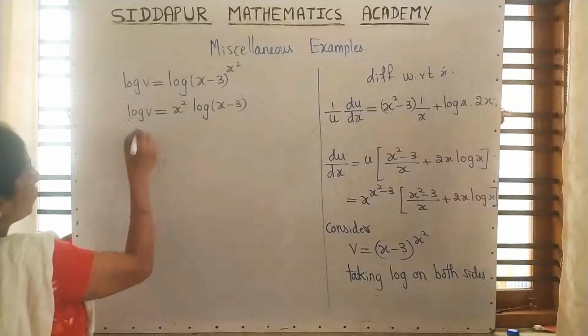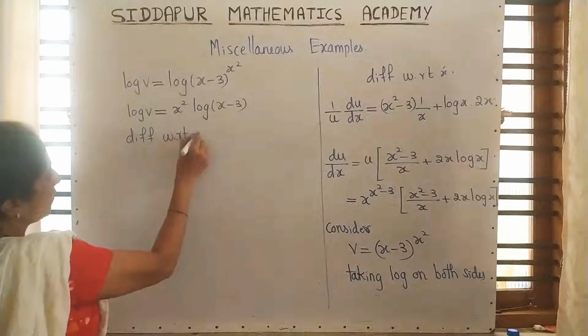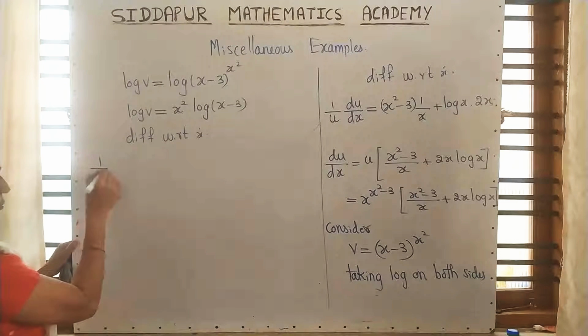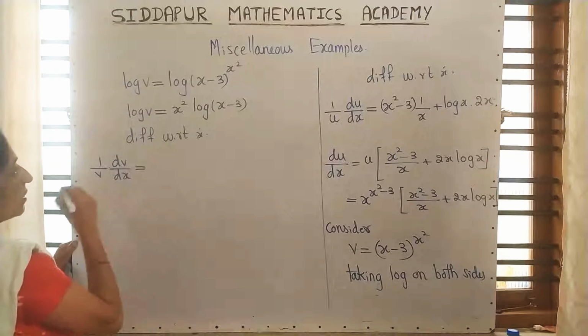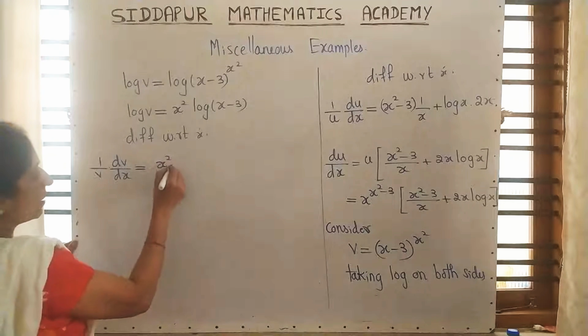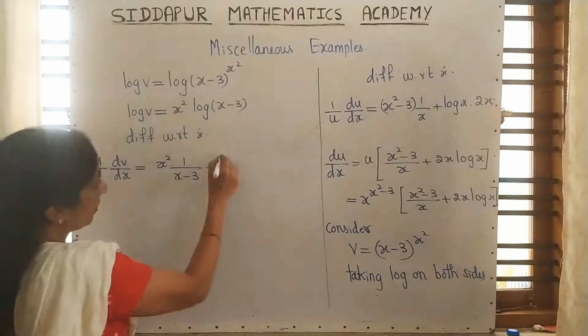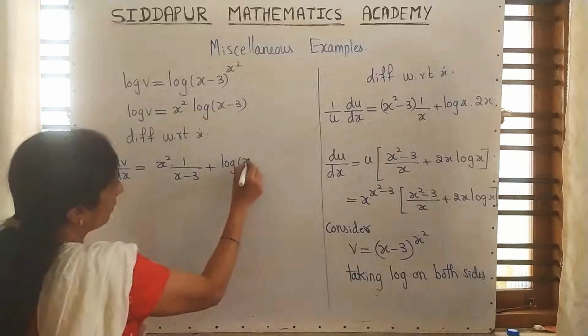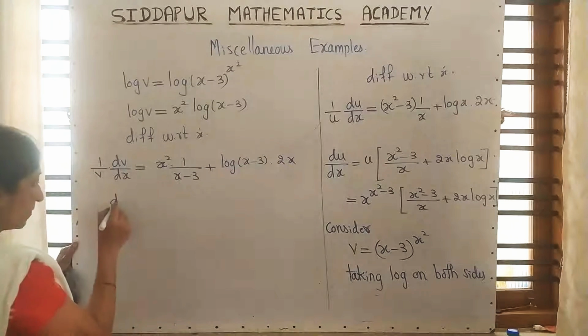Now differentiating with respect to x, differentiation of log v is 1 by v into dv upon dx is equal to x square into 1 upon x minus 3, because u into v, log of x minus 3 as it is, differentiation of x square is 2x.